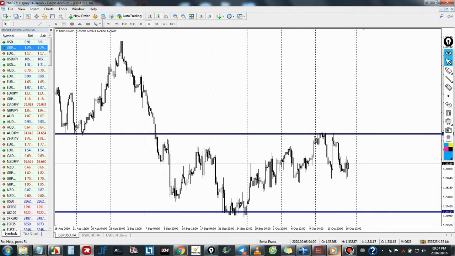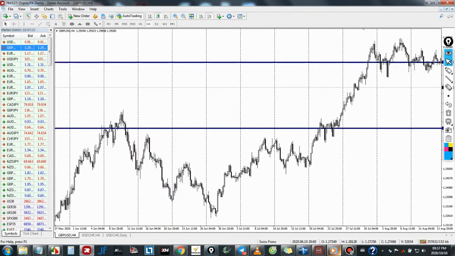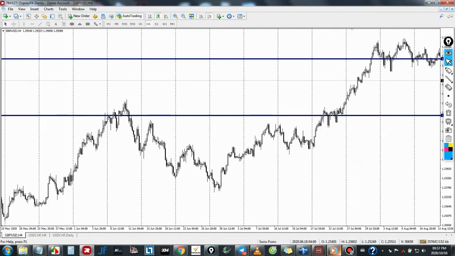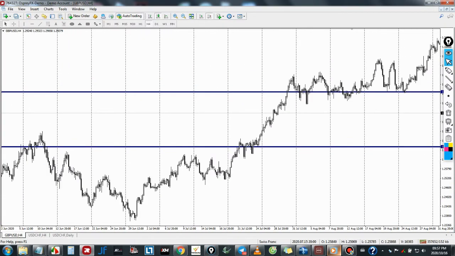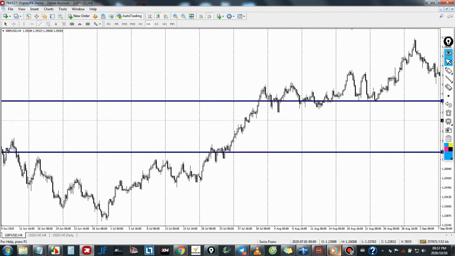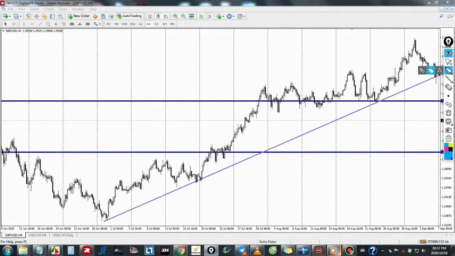Another thing to note is that before a trading range happens, usually the market is trending, maybe to the downside or even to the upside. So as you can see, it was nice here when the market was making higher highs and higher lows, coming back around this trend line.